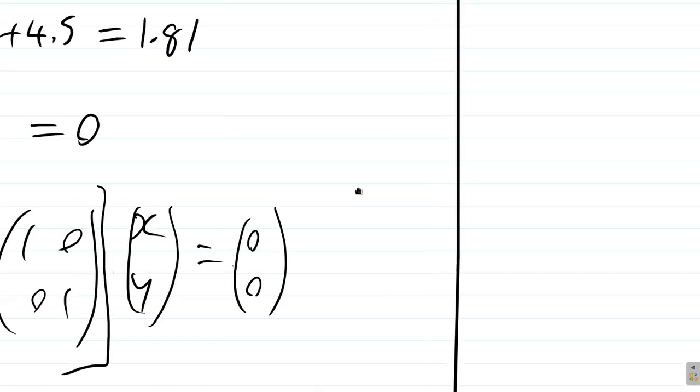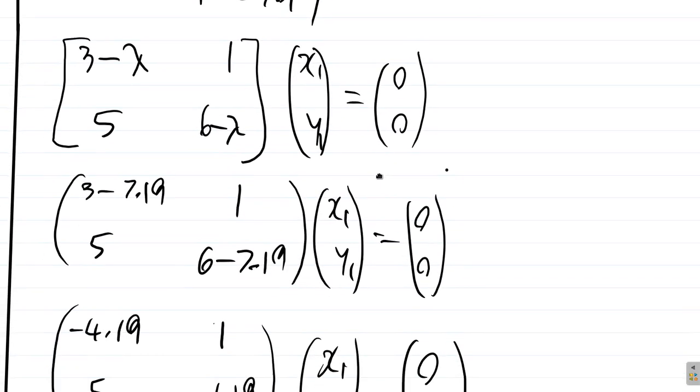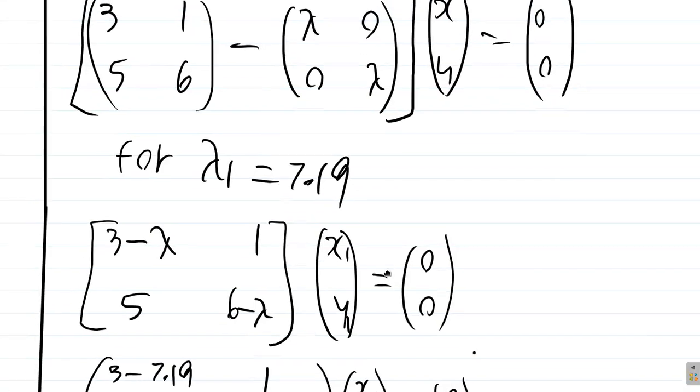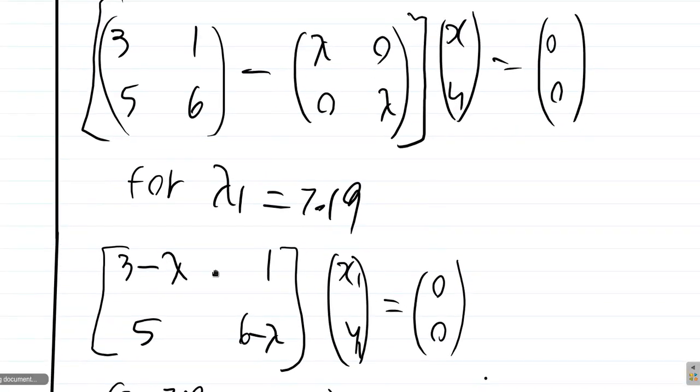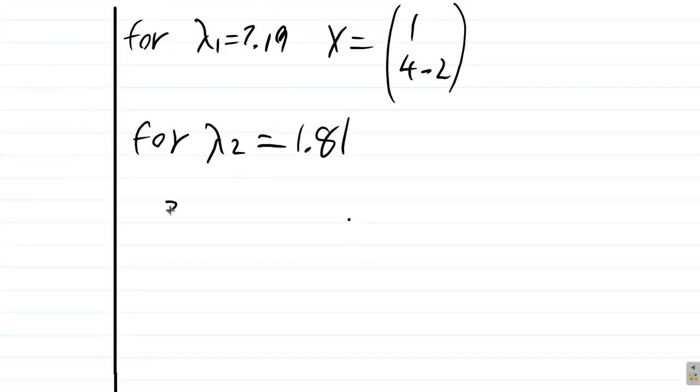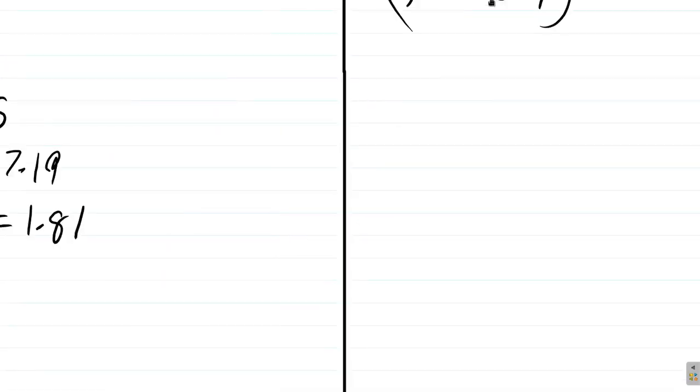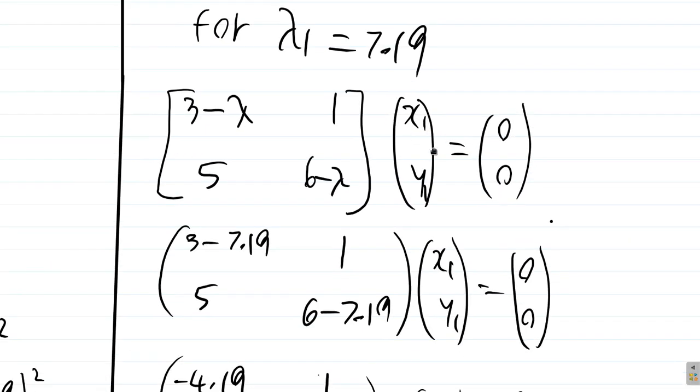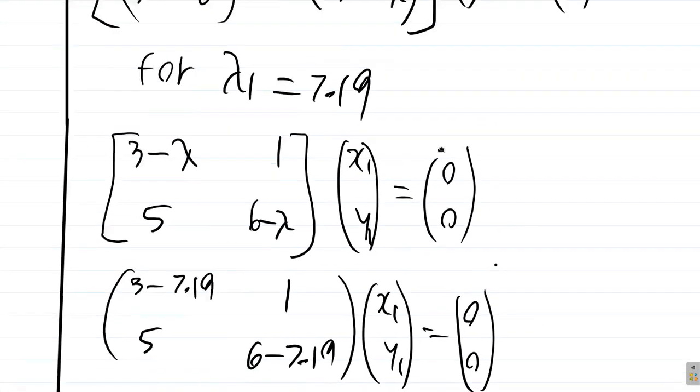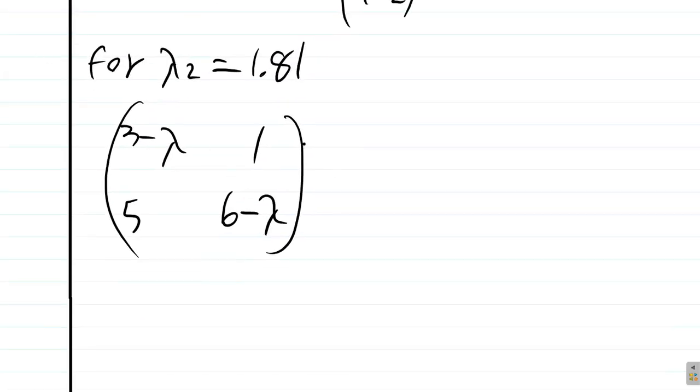We want to find out what the eigenvector is, so we use this formula again: 3 minus lambda, 1, 5, 6 minus lambda, times (x2, y2) equals (0, 0).